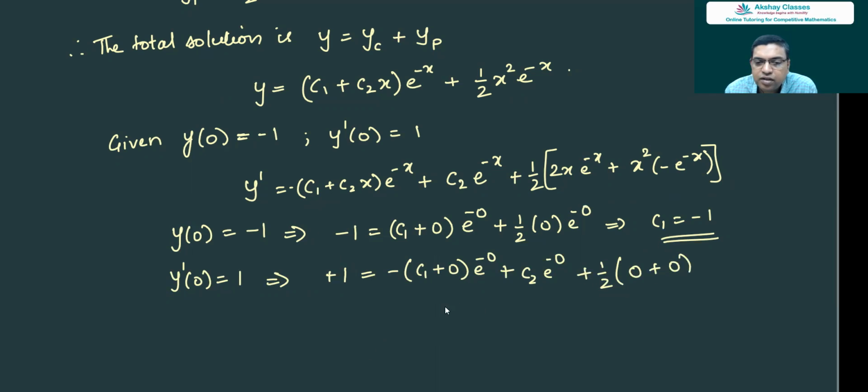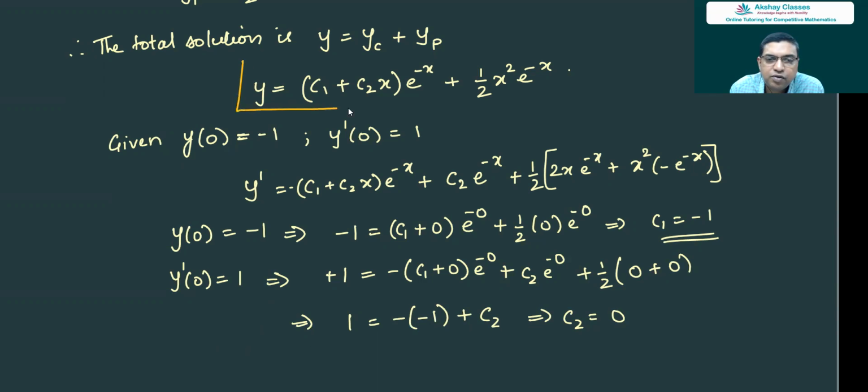You don't have to worry. Now, this is 1, this is minus of c1, minus of minus 1, plus c2, which gives that c2 is equal to 0. Therefore, in this total solution, we found that c1 is minus 1 and c2 is 0.